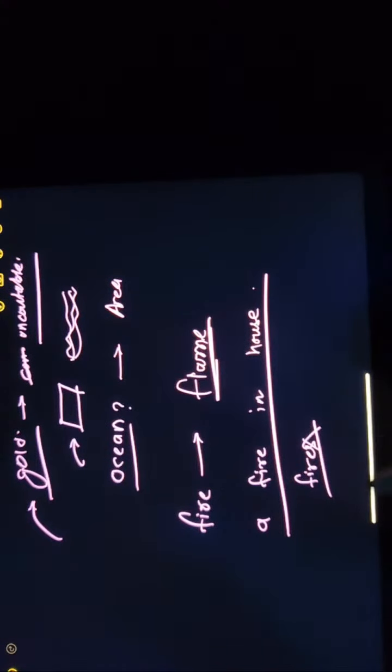If we talk about ocean, the noun ocean can be countable or uncountable. Commonly, the plural form will be oceans. But it depends. If you're referring to different oceans and combining the names of those oceans, then you can say oceans.